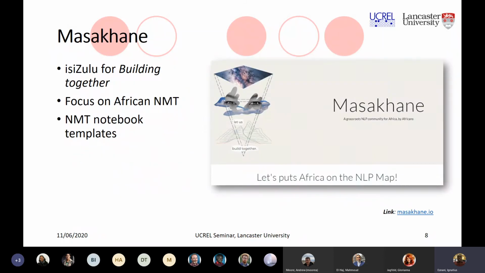And the other one, which is actually the one I am more keen about, is the Masakhane initiative, where Masakhane means building together in isiZulu, which is a South African language, where the focus is on building African NMT models.